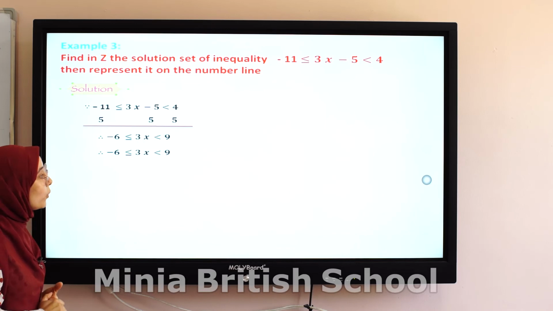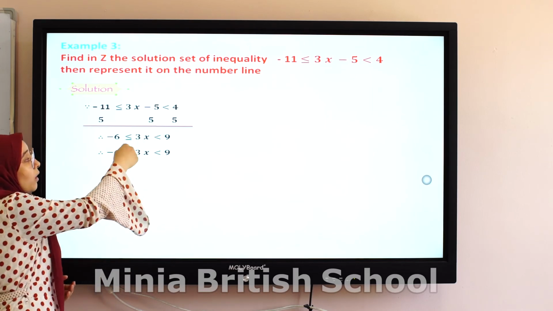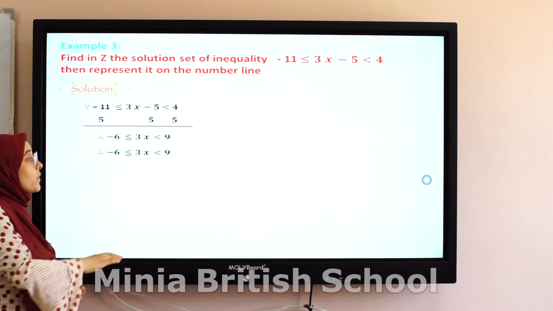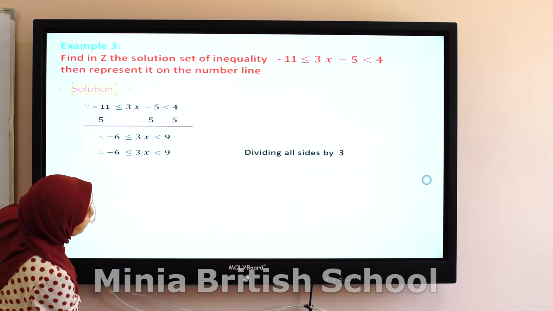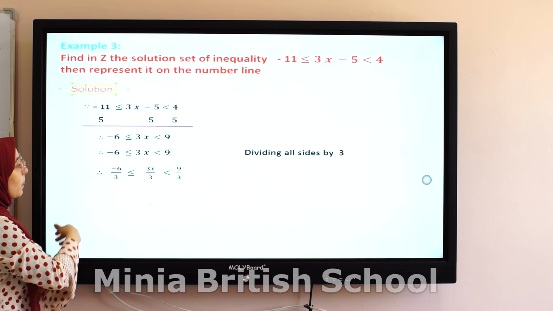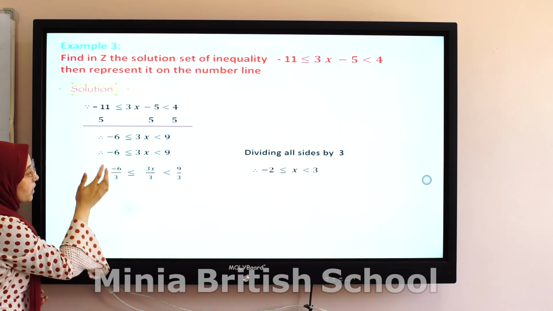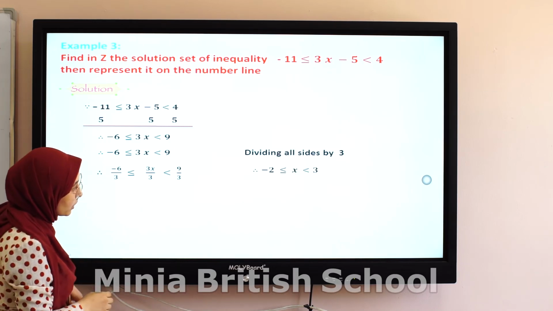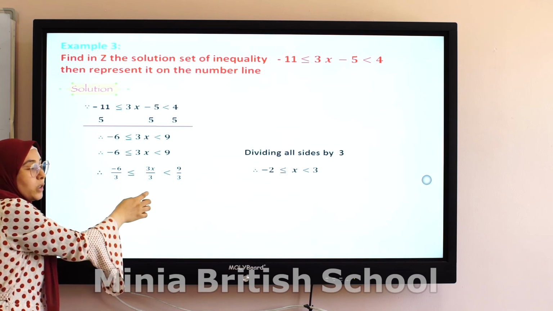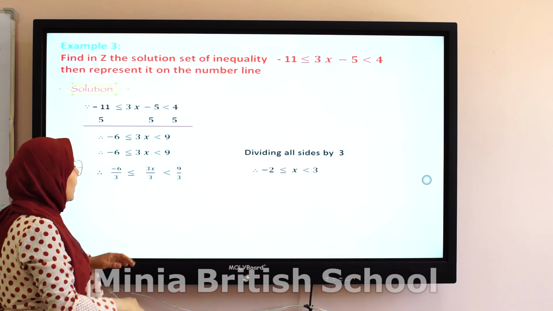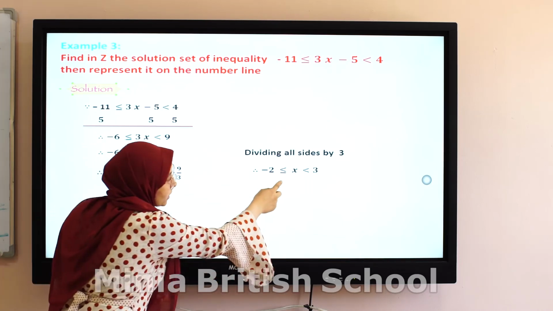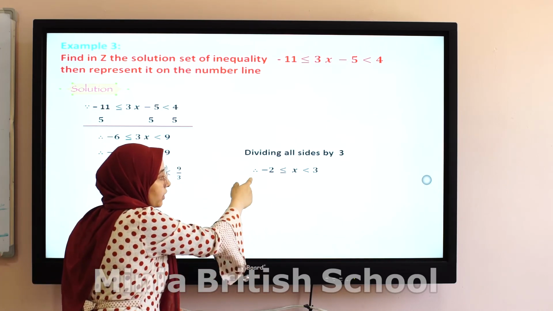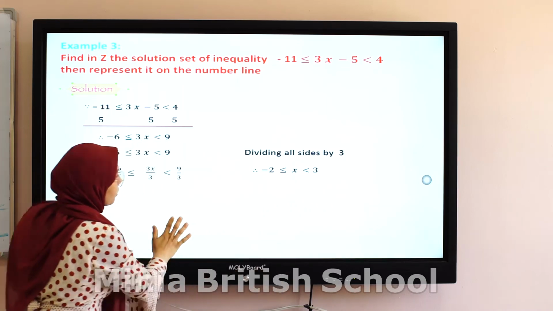Now I will divide the 3 sides by 3. Then -6 divided by 3 equals what? Equals -2. 3x divided by 3 equals x, and 9 divided by 3 equals 3. So x is greater than or equal to -2 and less than 3.